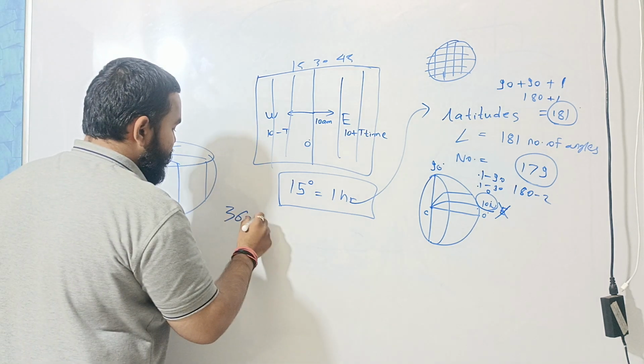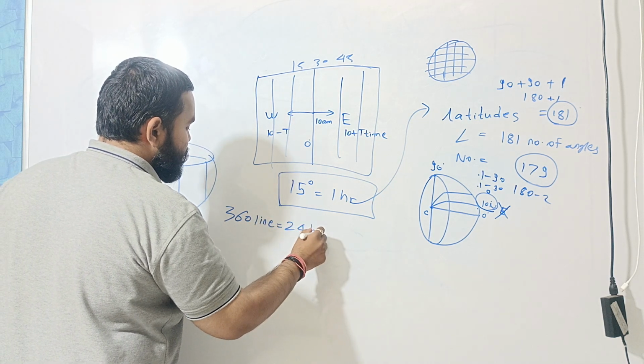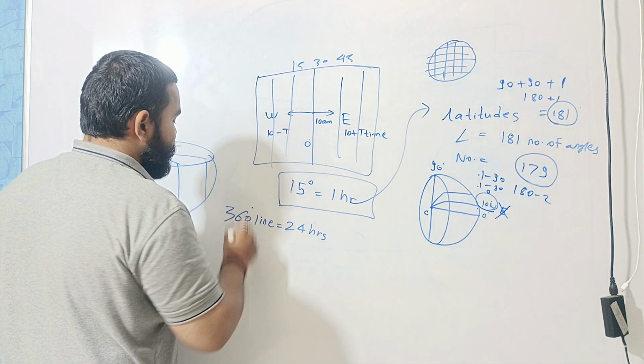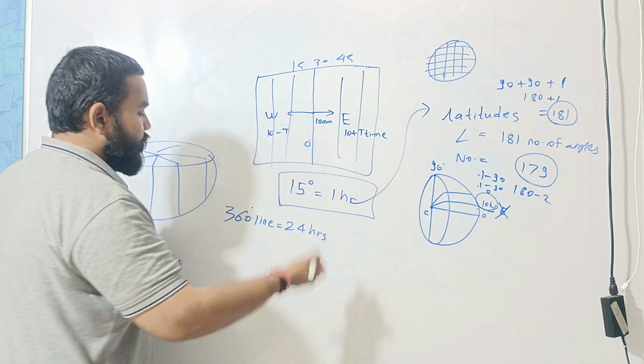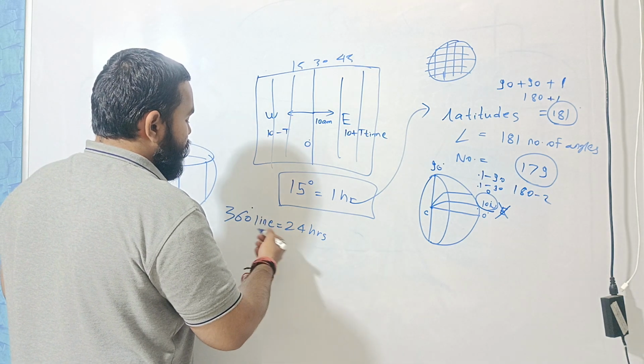If 360 degree lines are equal to 24 hours, I have to find out how many degrees per hour.